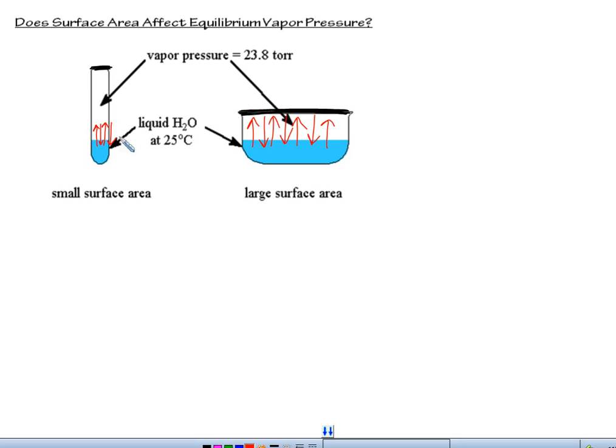And yes, just because I have a larger surface area, I'm going to get more particles initially entering the gas phase, but then more particles will enter the liquid phase again. And so once we hit this equilibrium vapor pressure, they should both have the exact same pressure, as long as we kept the temperature of the two samples the same.